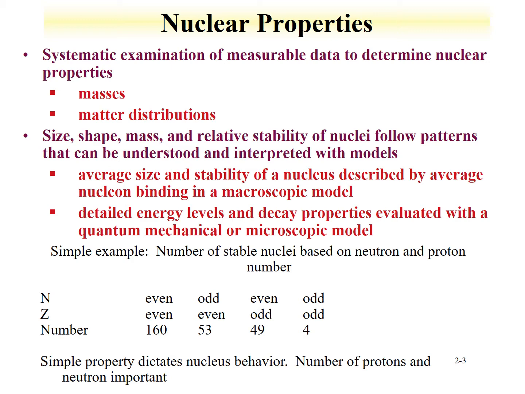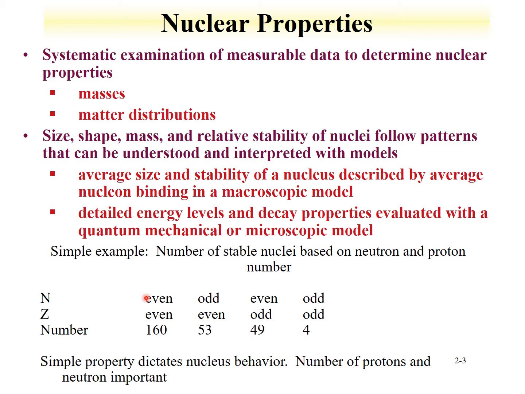And an important example of trends in the nuclei can be observed just by looking at stable nuclei and the number of neutrons and protons that are in those stable nuclei. The number of stable nuclei is known. One can evaluate the number of neutrons and the number of protons for a given stable nucleus and just do a simple characterization. Say, okay, let's divide the number of stable nuclei based upon if they have an even number of neutrons and an even number of protons.